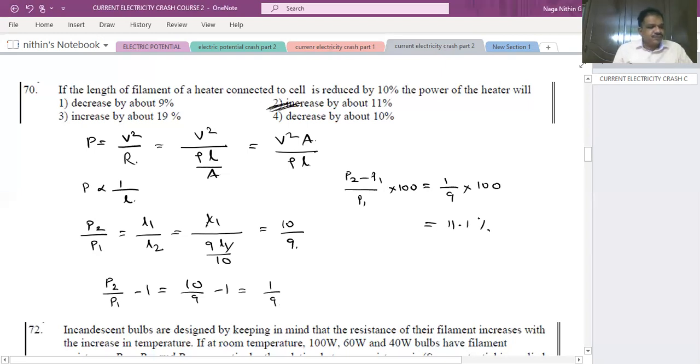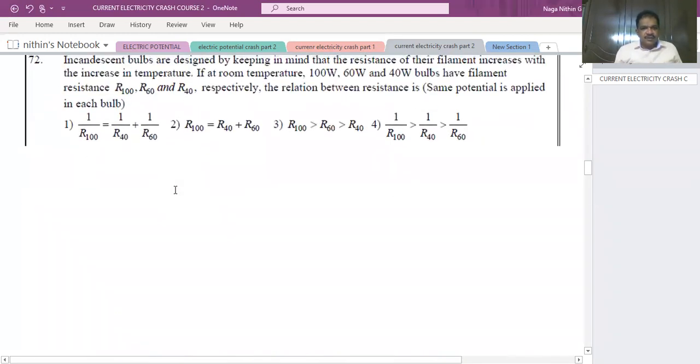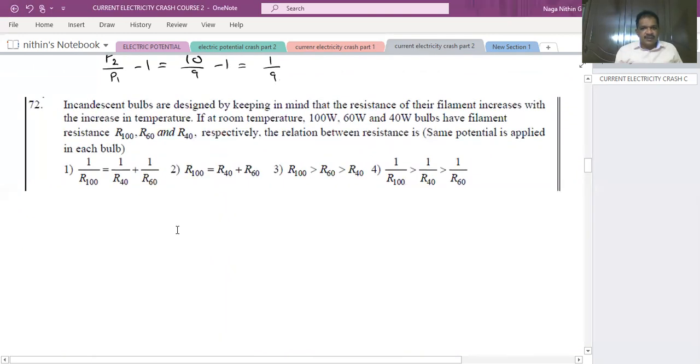Second option. Next, 72, you see what they are asking. Incandescent bulbs are designed by keeping in mind that the resistance of their filament increases with the increase in the temperature. 100 watt, 60 watt, 40 watt bulbs are having filament resistances R100, R60 and R40.